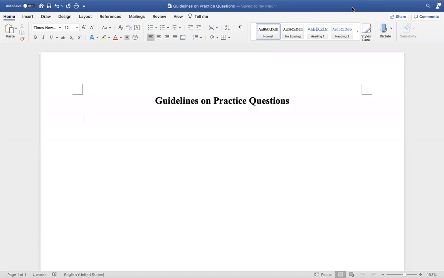Let's call them guidelines. So first, practice questions are highly recommended. However, they are not mandatory. So if you really don't want to solve, it's your choice, right?